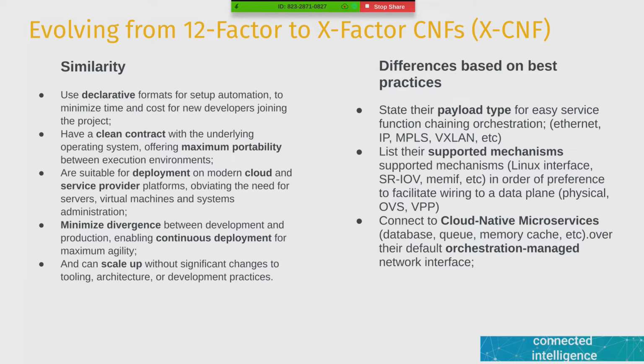So what is similar? The similarity between X-CNF and 12 factor is that you use declarative presentation of all the software, hardware, and all the project. You have a clean contract in the sense you have proper interfaces and portability is maintained. You have suitable deployment on a modern cloud.